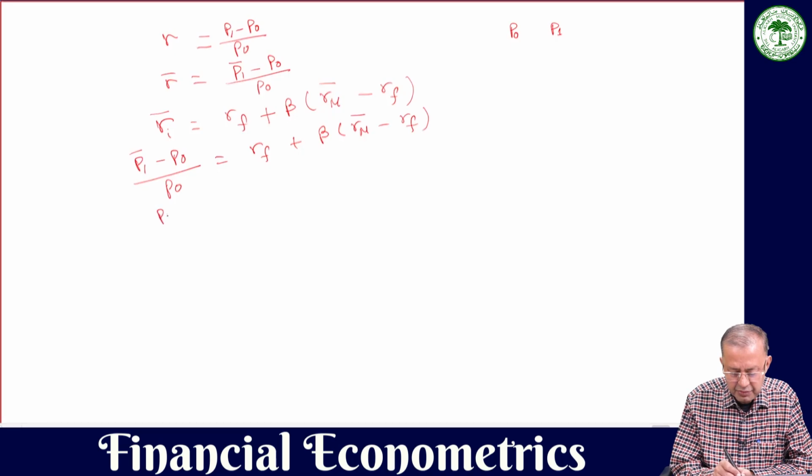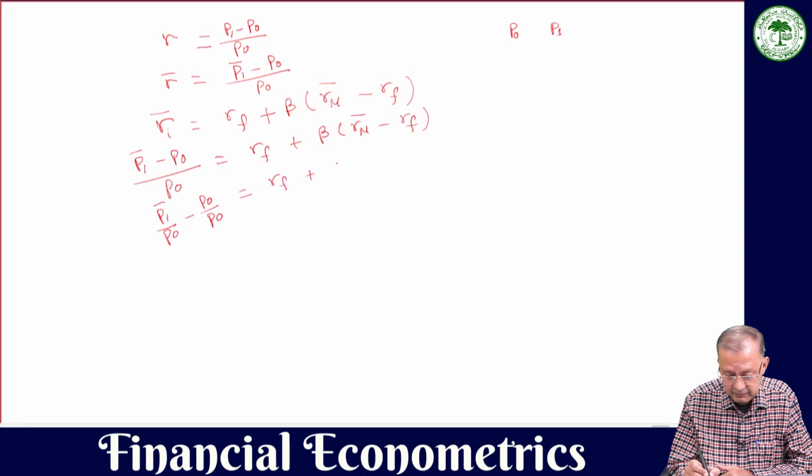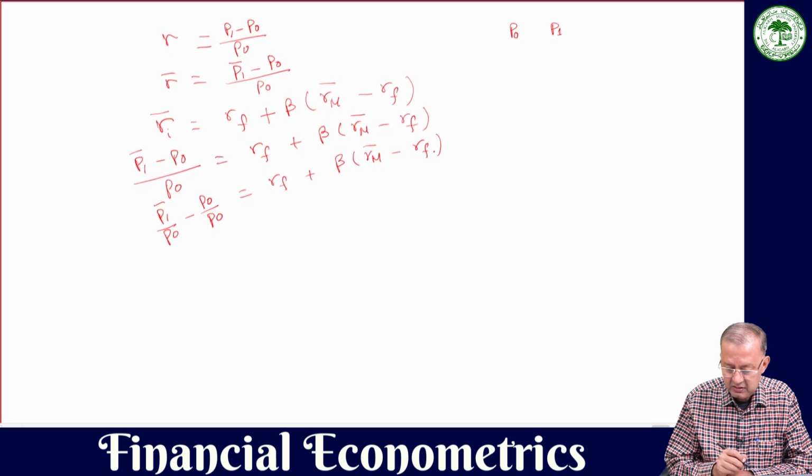So P1 bar upon P0 minus P0 upon P0, minus 1, this is equal to Rf plus beta into Rm bar minus Rf.